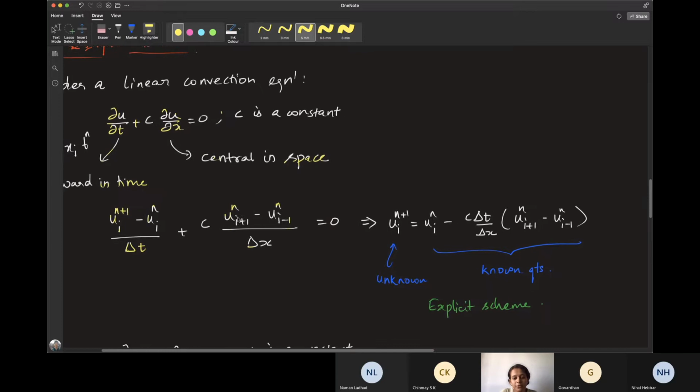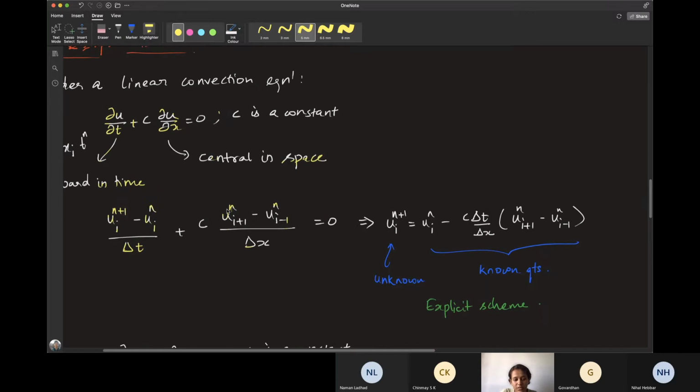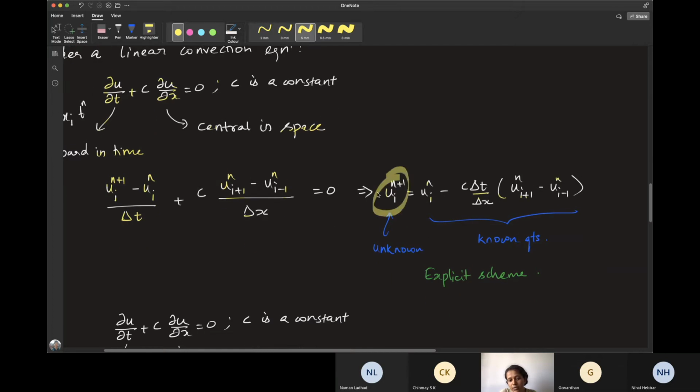So here if you look at this equation, one term is at time n plus 1 and all the other terms are at time n. So now you can take the term which is at time n plus 1 on one side and all the other terms on the other side. In that case, you have one quantity which is unknown and all the other quantities are known, because you will always know the solution at the previous step.